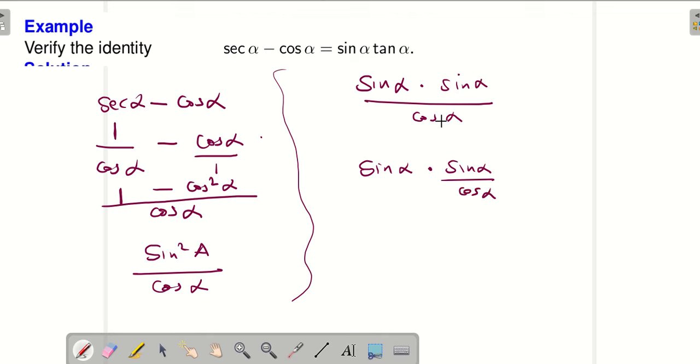This and this, they are the same. Then I can write it as sine alpha times sine alpha over cos alpha, which is tan alpha. So the final answer is going to be sine alpha tan alpha. That is the solution to this question.